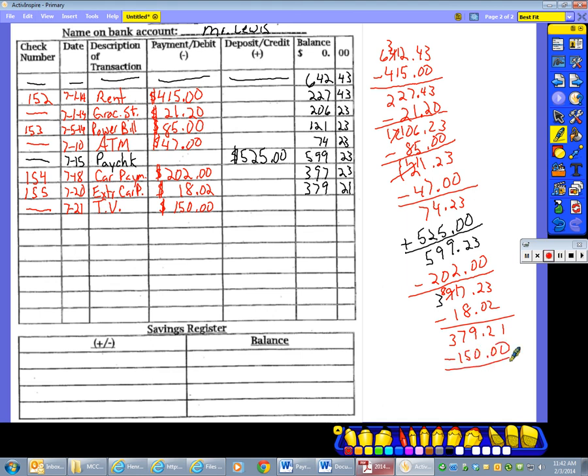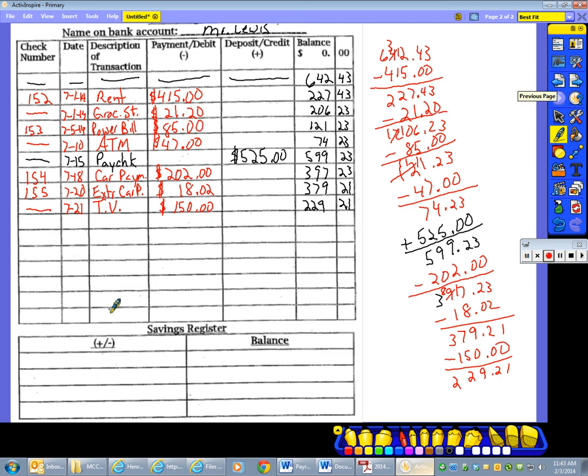So we have 1, 2 minus nothing is 2, 9 minus nothing is 9, 7 minus 5 is 2, 3 minus 1 is 2. So now my ending balance is $229.21, and that is it.